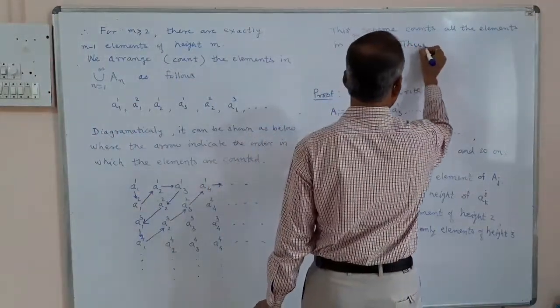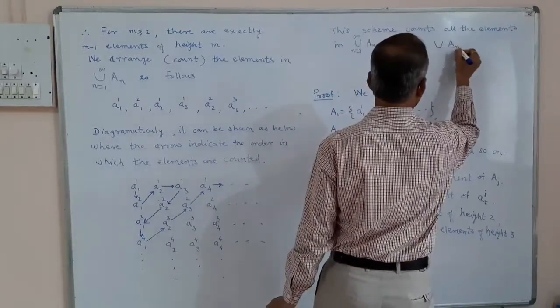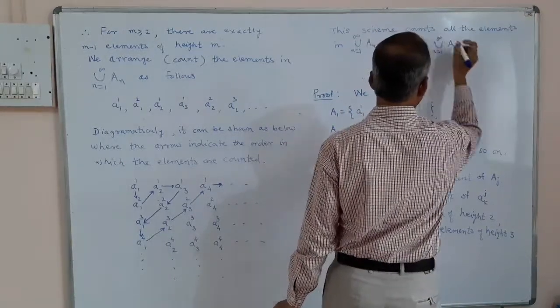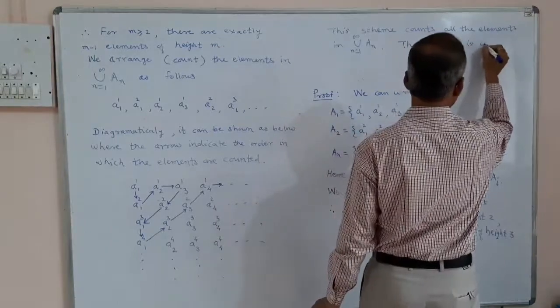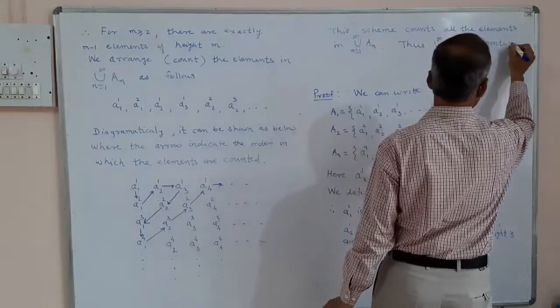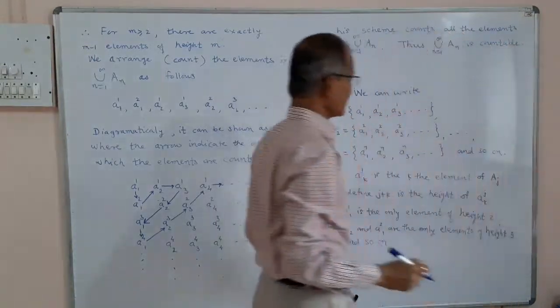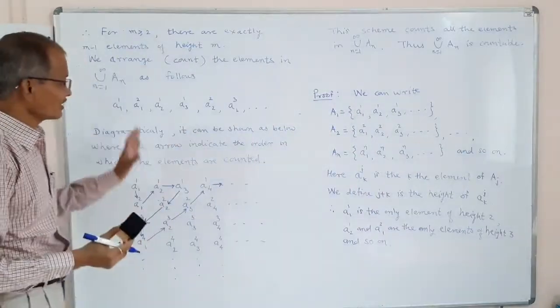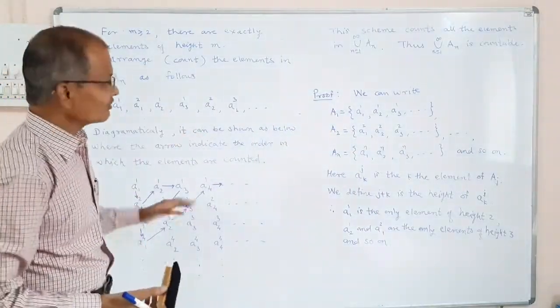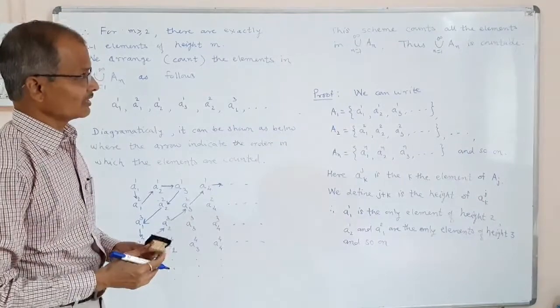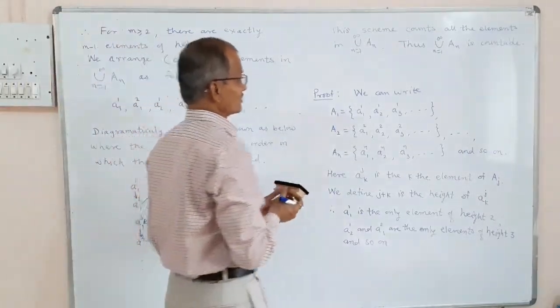Thus this set, the union for n taking values 1 to infinity, is countable, because we have expressed the counting scheme, how the elements are to be counted or labeled, first, second, third, and so on. So we can count the elements in this way, and therefore this set is countable, and this proves the theorem.